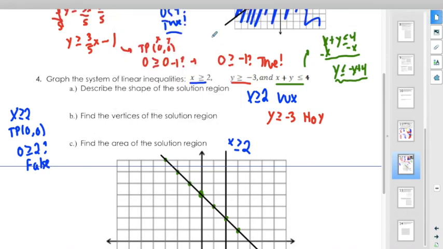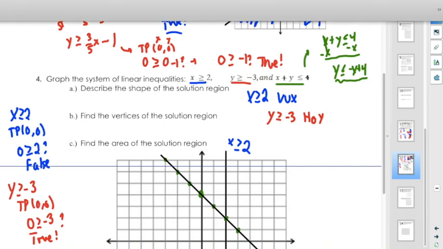Let's do the next one, which is y is greater than or equal to negative 3. Test point of 0, 0. So is 0 greater than or equal to negative 3 here? Yeah, that's true. So that means that we're going to shade towards the test point for the red.